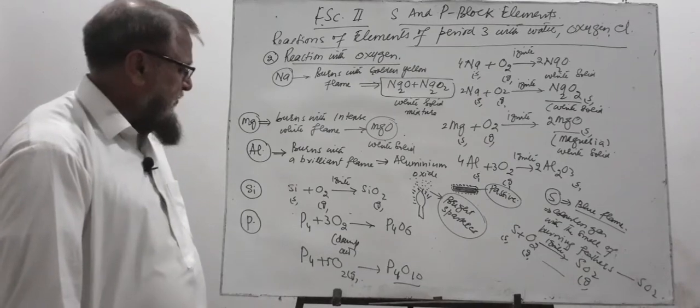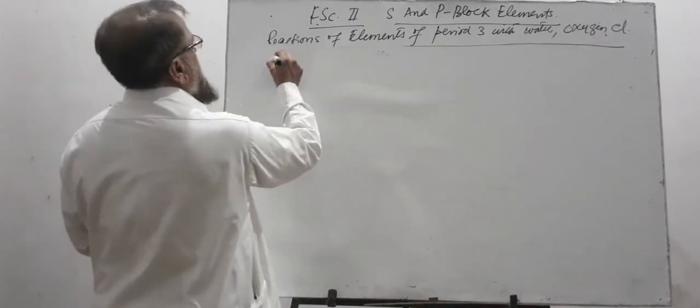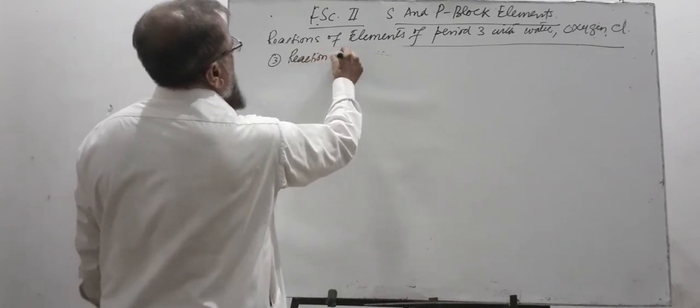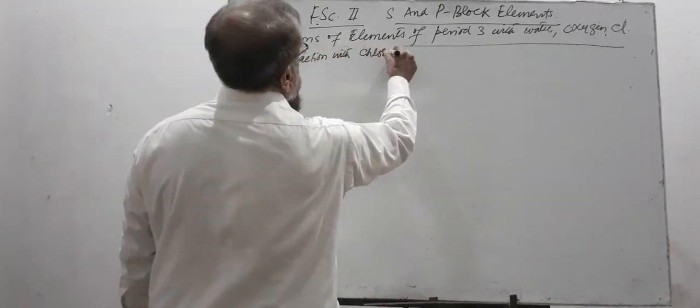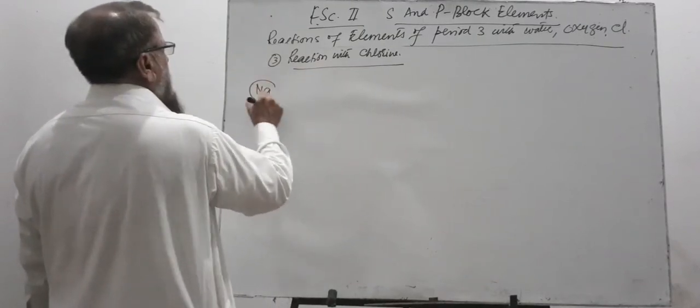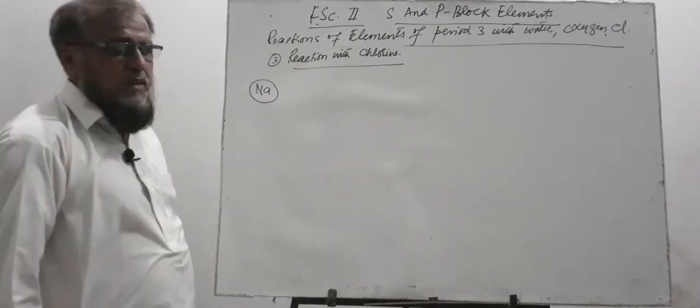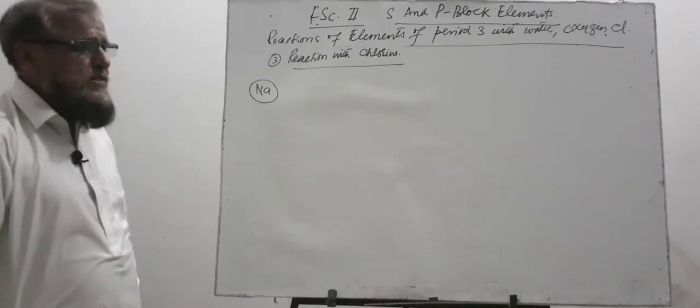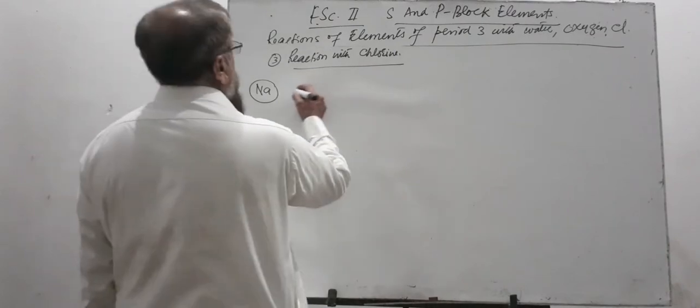The third reaction of period 3 elements is the reaction with chlorine. Sodium burns in atmosphere of chlorine with an orange flame.